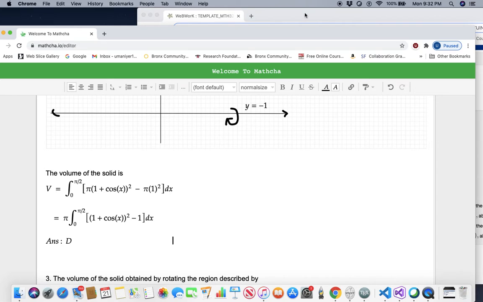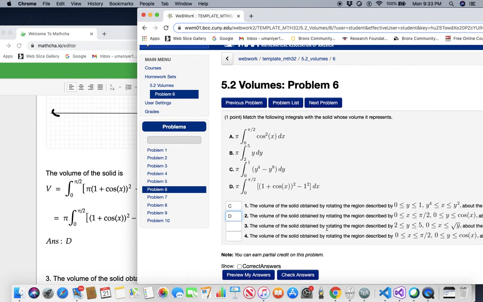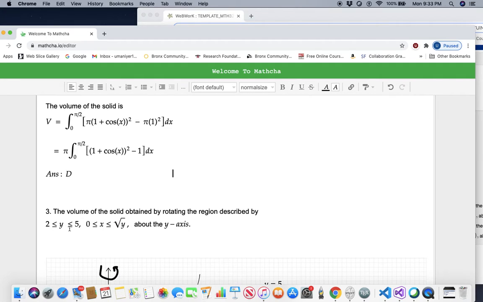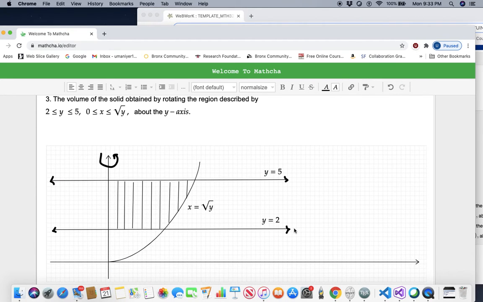All right. The third solid: you want y to be between 2 and 5, x to be between 0 and square root y. And you want to take that region and rotate it about the y-axis. So that's your x-axis, that's your y-axis.